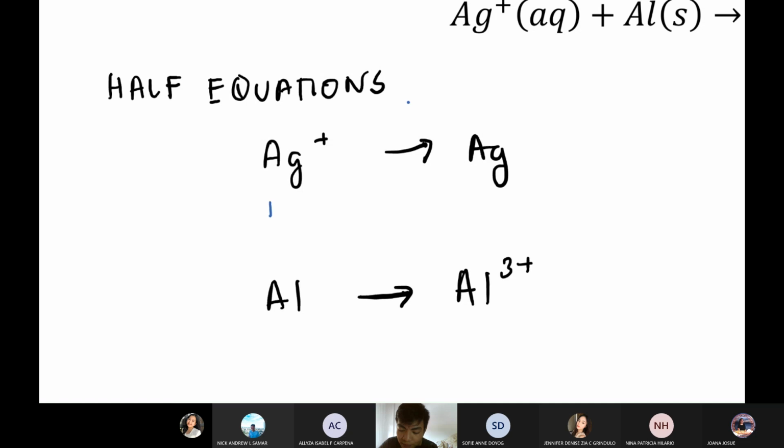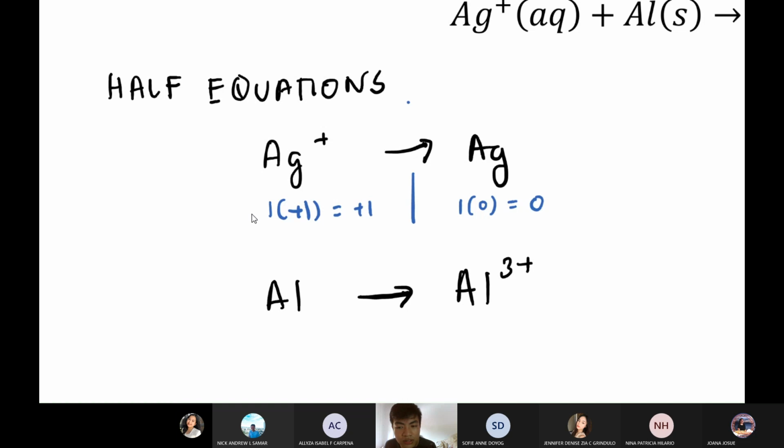So, this is 1 times positive 1, which is positive 1. On the right side, pag wala nakalagay, 0 yung charge nun. 1 times 0 is equal to 0. Ayan. So, dito na natin nakita that even though the atoms are balanced, the charges are unbalanced.